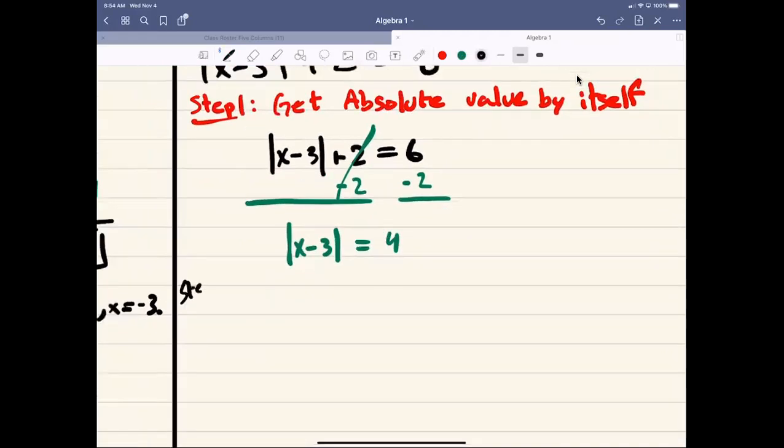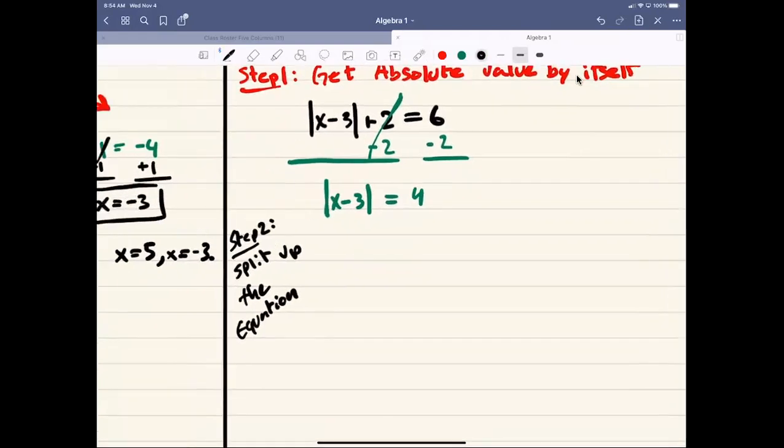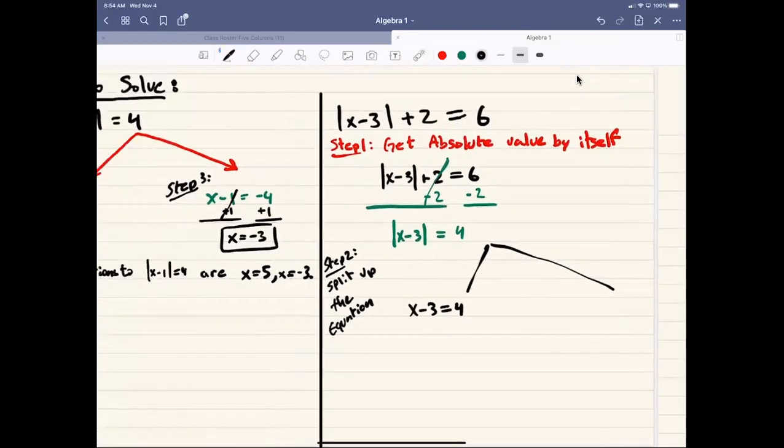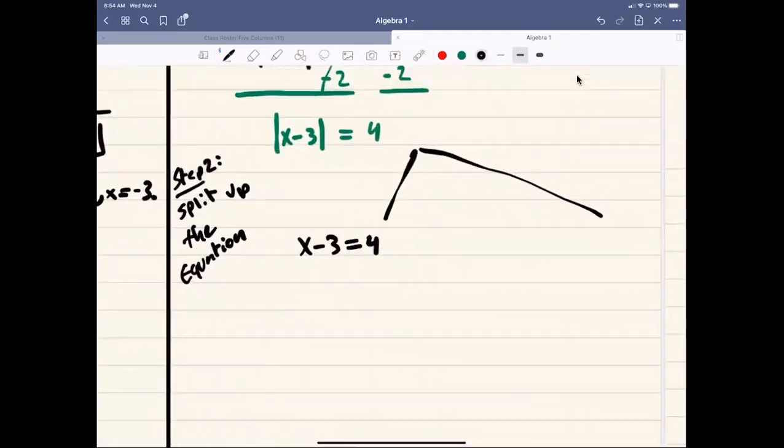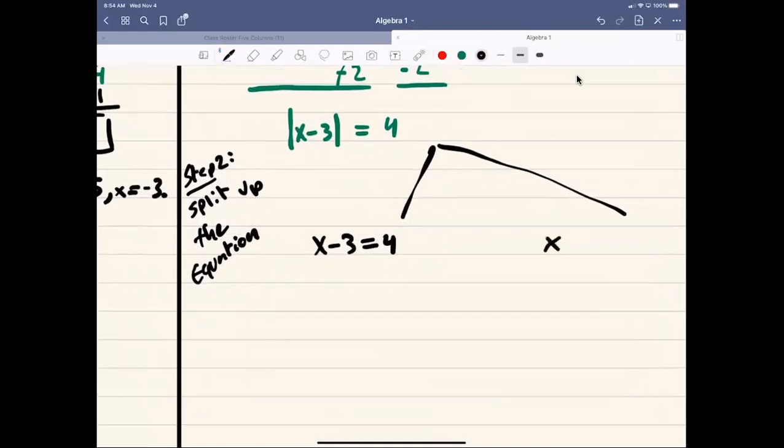Now step 2, split up the equation. We're going to split it up here, and it's going to give us 2 problems. We get x minus 3, and remember we take away the absolute value signs, equal to 4, and then we rewrite x minus 3 and this time write -4.